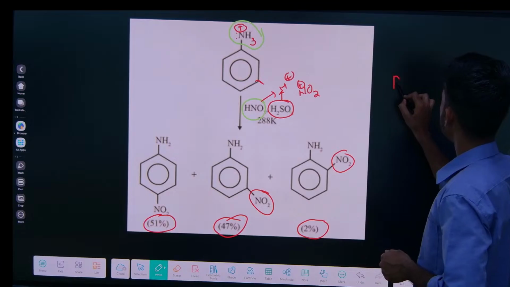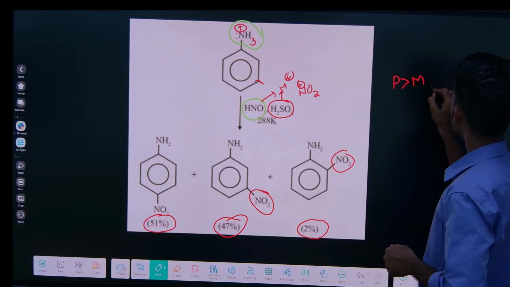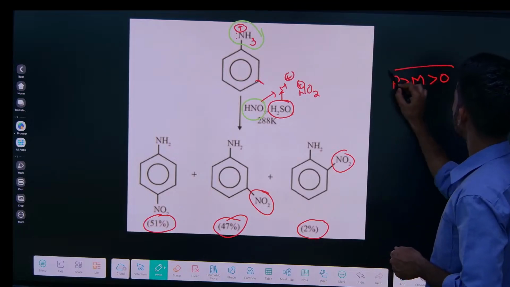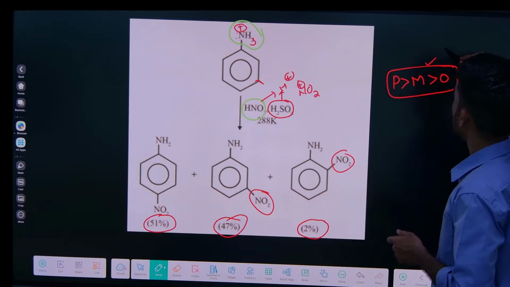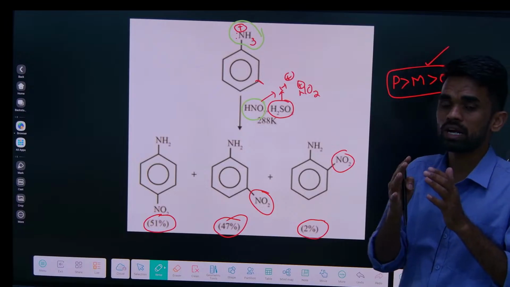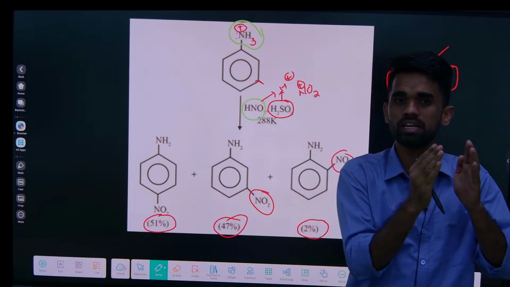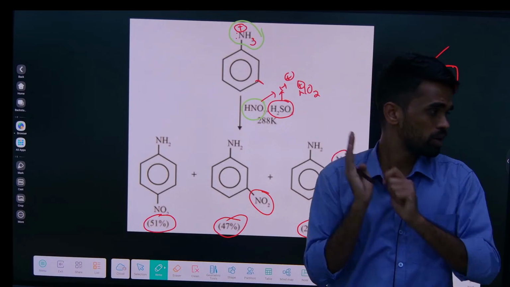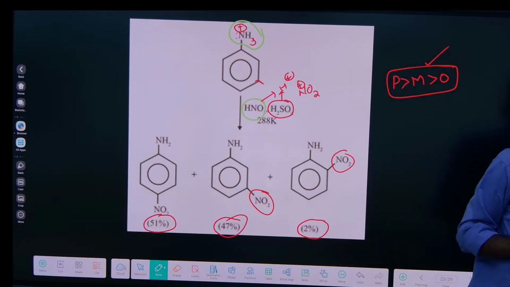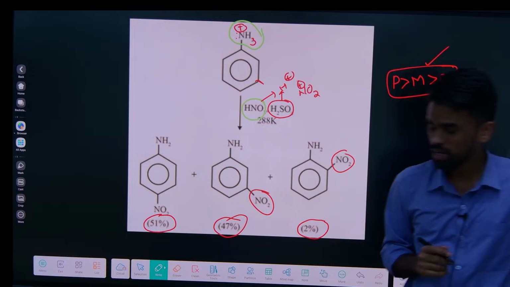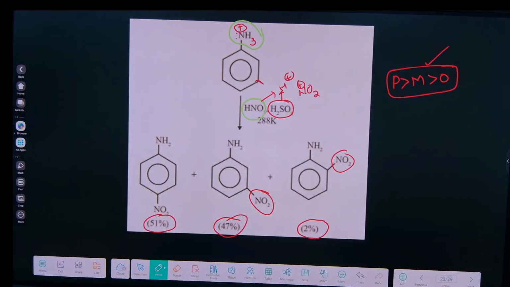First para, next meta, and the least is ortho. Just remember it as PMO. Nitration of aniline gives the major product as P, the next M, the next O. This is a simple way to remember the percentages of products formed. Right, let's discuss a few more things.